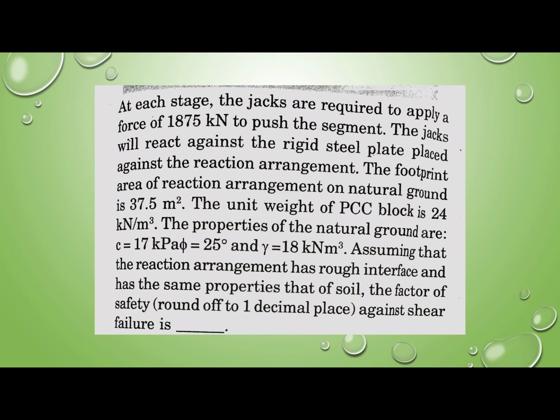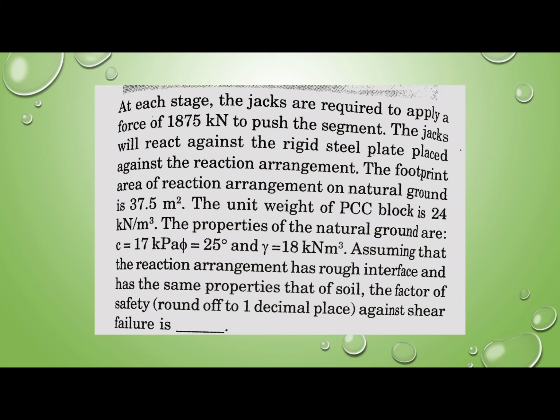The jacks will react against the rigid steel plate placed against the reaction arrangement. The footprint area of reaction arrangement on the natural ground is 37.5 meter square. The unit weight of PCC block is 24 kN per meter cube.